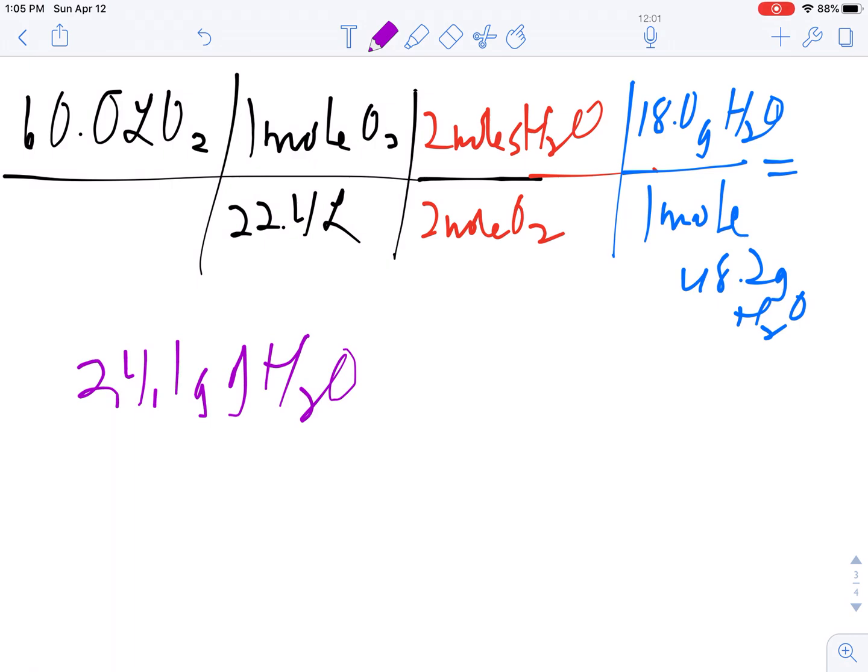All right, let's do one more example problem. Okay? In fact, maybe we'll do 2 more example problems.